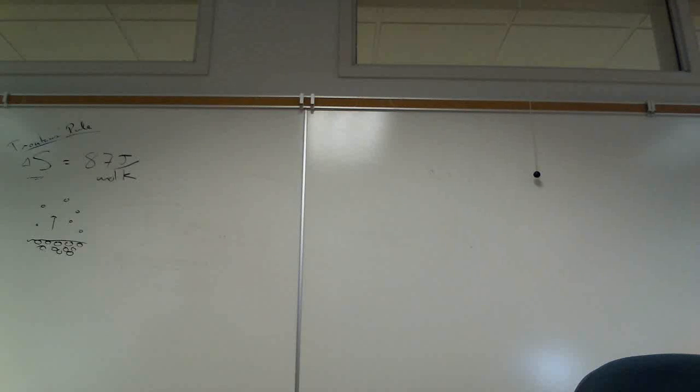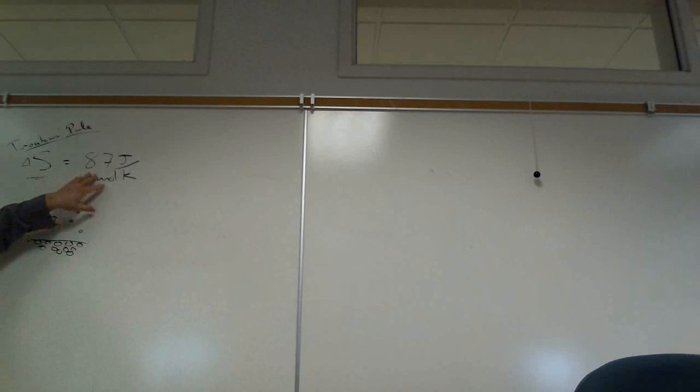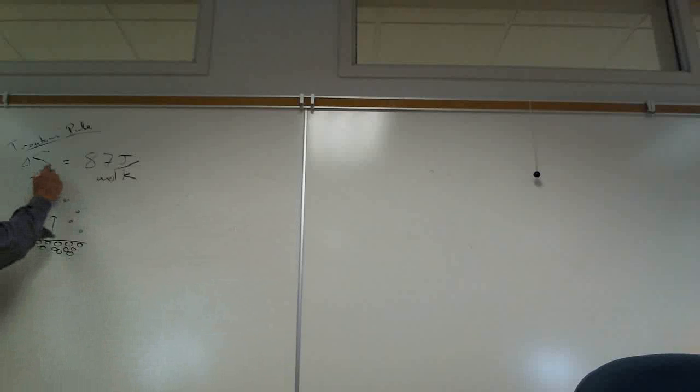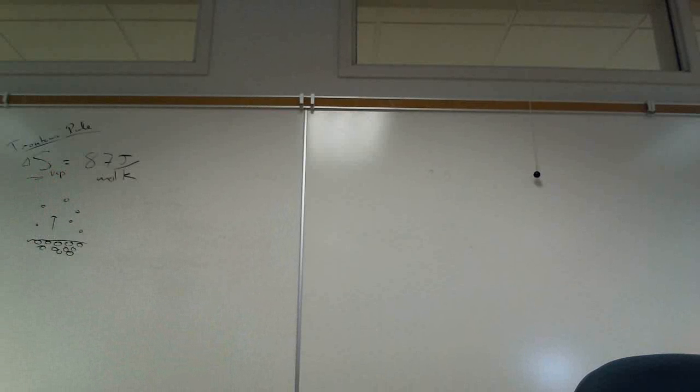So we have Trouton's rule for this, and there's a whole cluster of molecules that have a delta S of vaporization around 87. We could use that as just a general estimate.